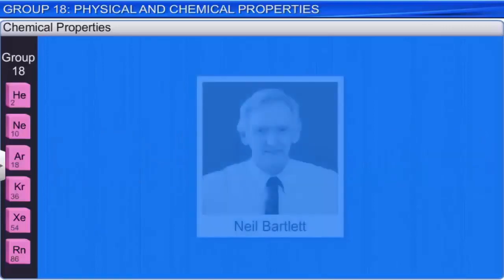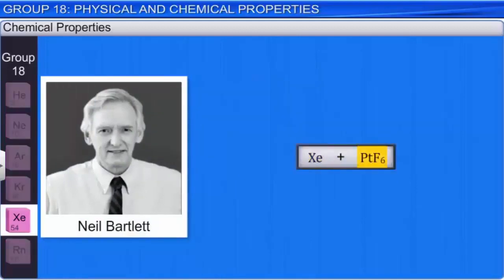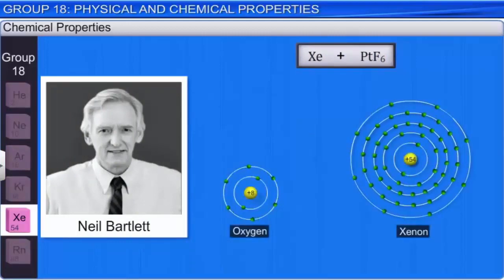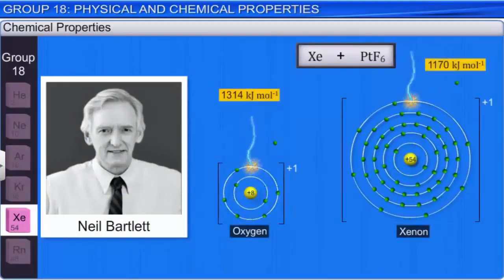In 1962, Neil Bartlett predicted that xenon should react with platinum hexafluoride just as dioxygen because the first ionization energies of both oxygen and xenon are nearly the same. His efforts were successful.